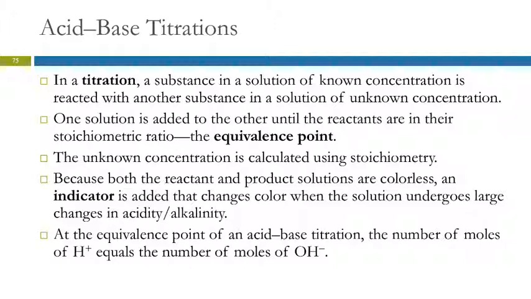And so we'll add our substance until we see a color change, and that will signal that we've added just the right amount of stuff. So when we're doing an acid-base titration, we're adding hydroxide ions to hydrogen ions or vice versa, and when we get just the right number of each, the pH, the acidity of the solution, will change and the indicator will change color.